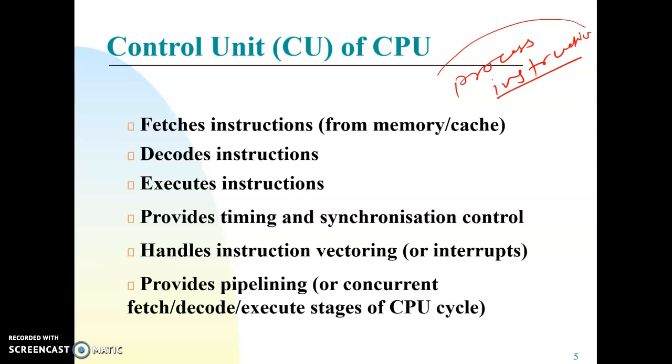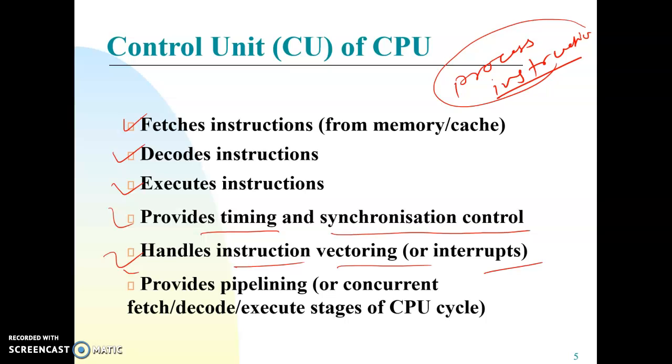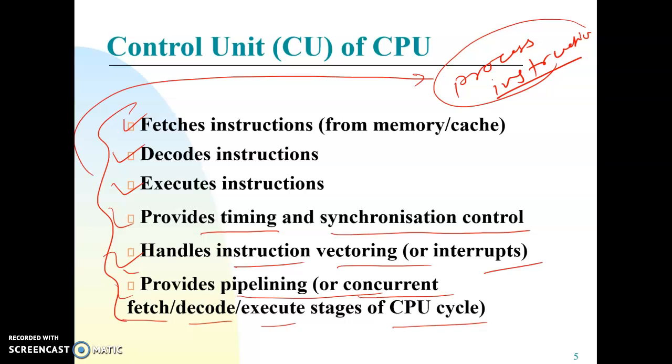So processing instruction means fetching the instruction, decoding the instruction, executing the instruction, providing the timing and synchronization control between the instructions, handling instructions, and vectoring, that is interrupt management, and pipelining the execution, that is concurrent execution, fetching, decoding, executing the instructions. So these are the different ways of processing the instruction by the CPU, central processing unit.